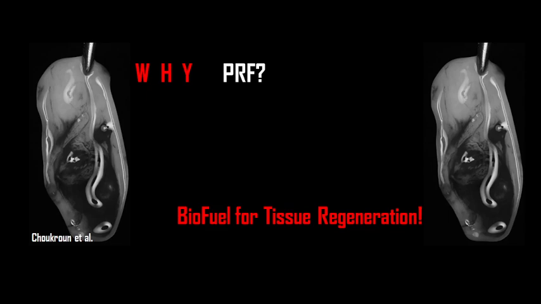So why PRF? PRF is considered a biofuel for tissue regeneration as recommended by the literature and studies. PRF offers various advantages over the better known PRP and PRGF, and that includes ease of preparation, ease of application, minimal expense, and lack of biochemical modification, as no bovine thrombin or anticoagulant is required to be mixed.